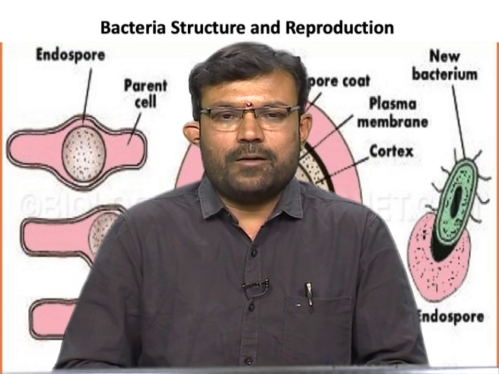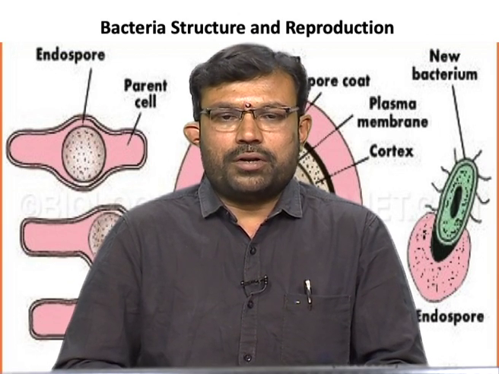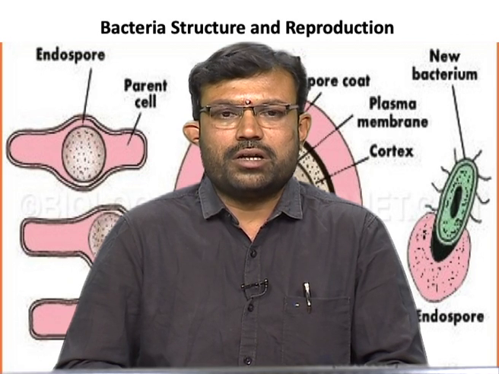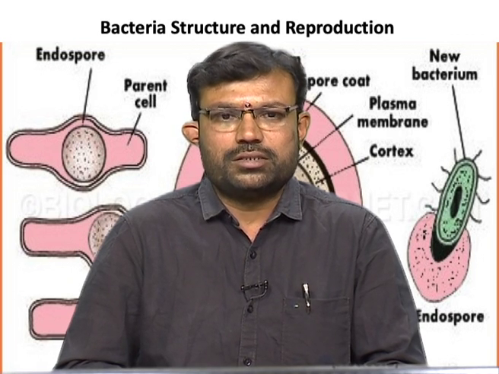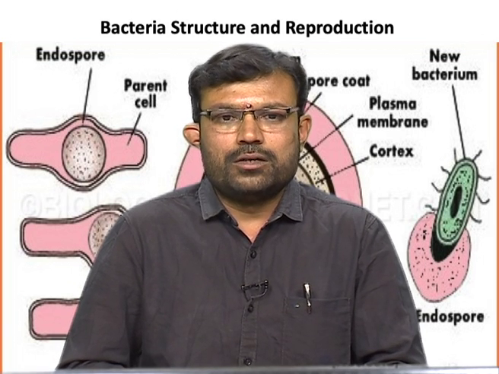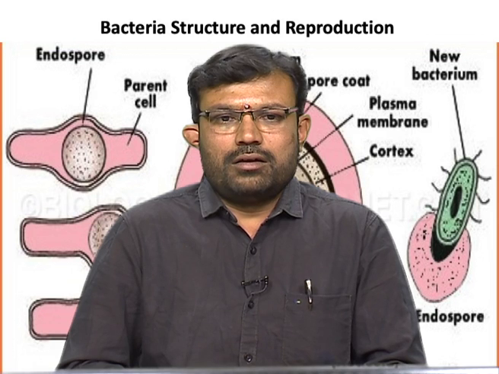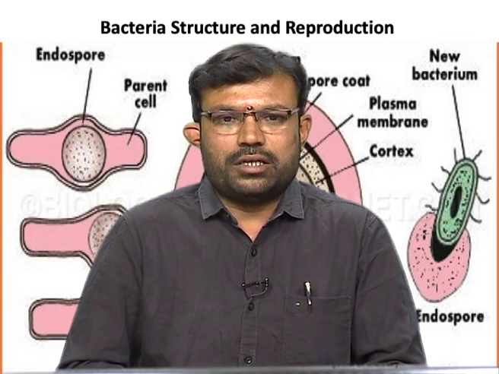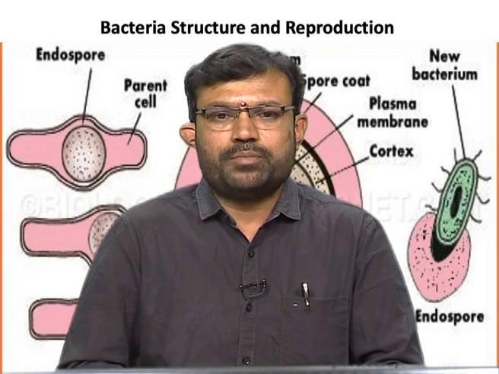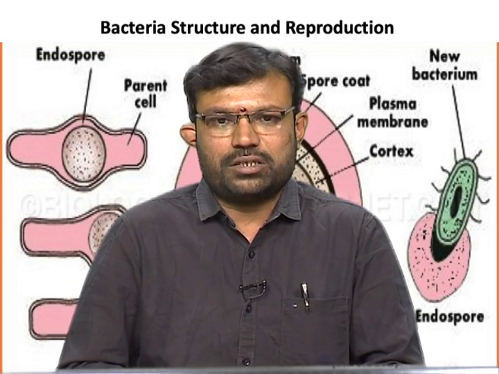Based on the type of flagella present on the outer surface of the cell wall, bacteria can be classified into different categories. First, atrichous bacteria: bacteria that do not have flagella on their surface, meaning non-motile bacteria.